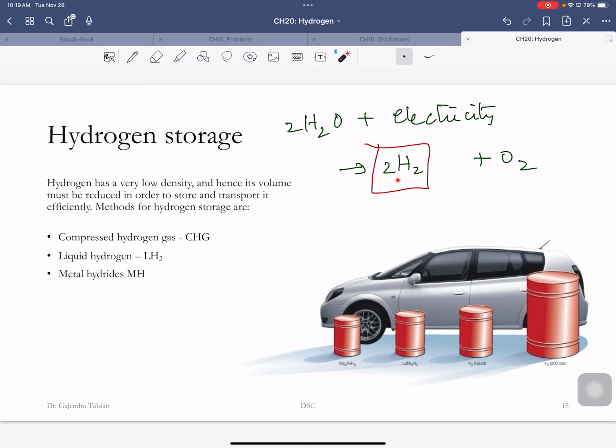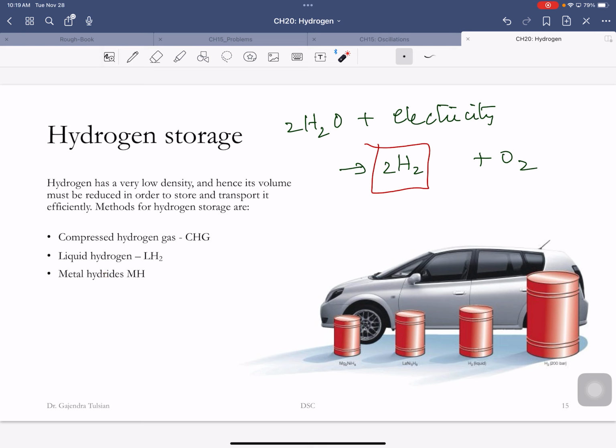So what you have to do is compress it. You can compress hydrogen, you can store it by turning it into a liquid, or you can store it in metals. Those are the 3 ways we're going to talk about. You want this if you want to use it in transportation and stuff.